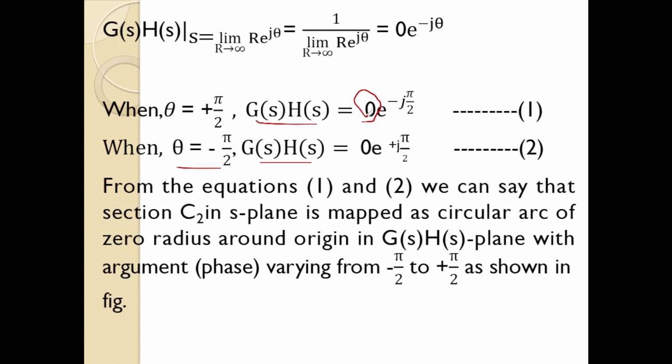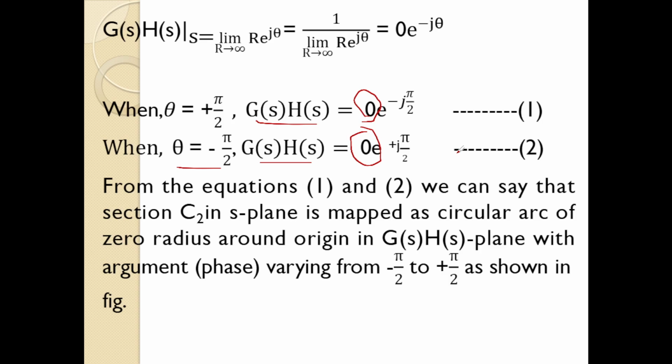Okay, and the phase or the angle will vary from minus pi by 2 to plus pi by 2. Our contour will lie at the origin. This section contour, C2 section contour, will lie at the origin and it will vary from minus pi by 2 to plus pi by 2.